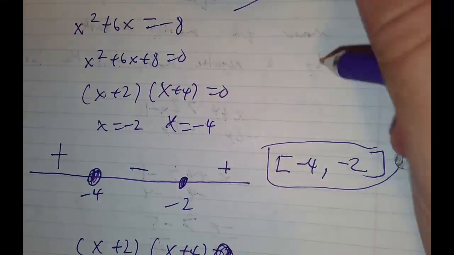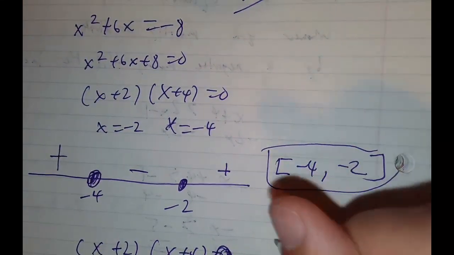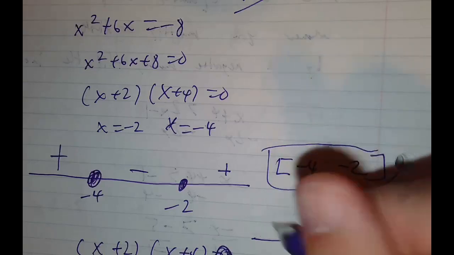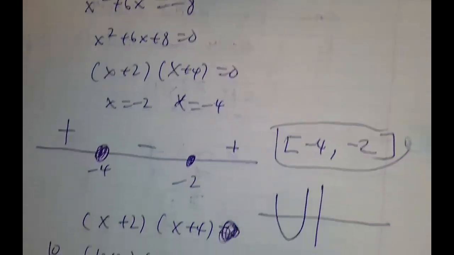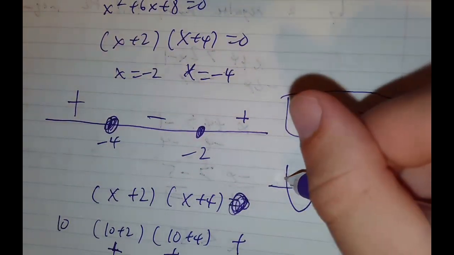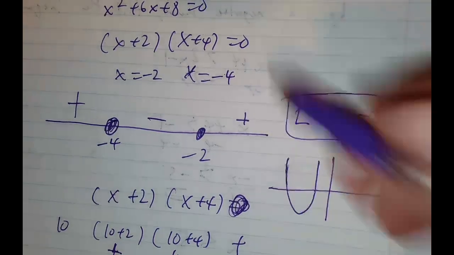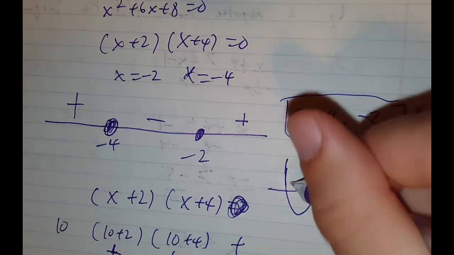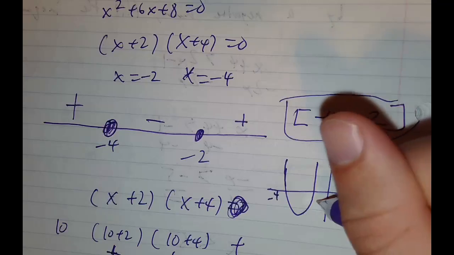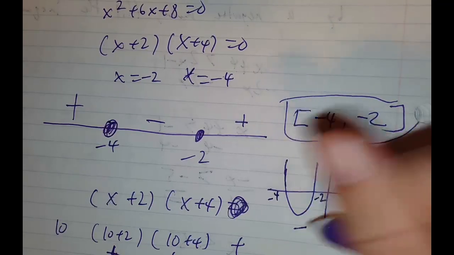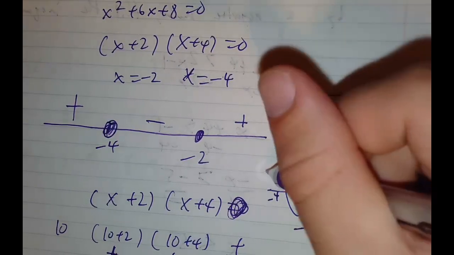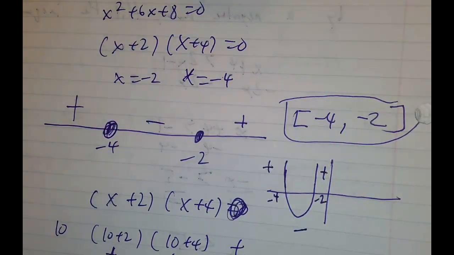A graphical example of what's going on here is you kind of have like this. This is kind of a sketch of our graph, right? And like we're setting it equal to 0. And so what we're seeing is that between -4 and -2, it's less than, and above -2 and below -4, it's above.